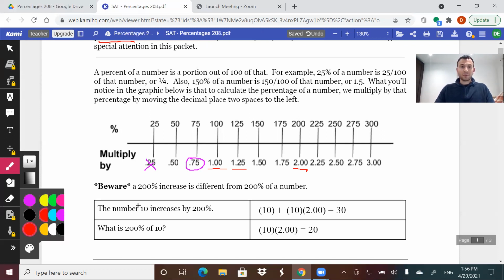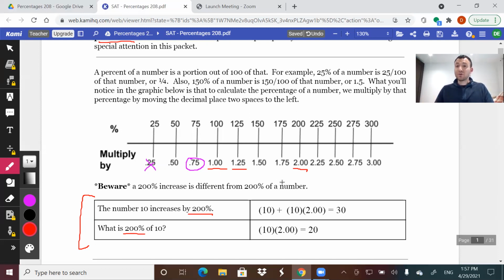These two scenarios that I put here are different. For a number to increase by 200%, that's different than 200% of the number. And if you want, pause the video and think about that and see if you know why. But anyway, if it increases by 25%, you multiply it by 1.25, meaning you're adding 25% on top of the value.